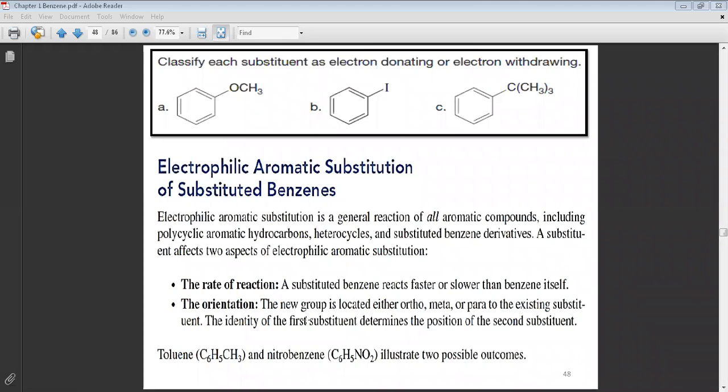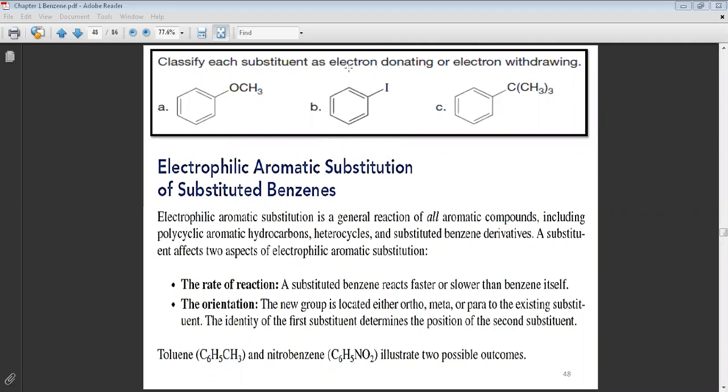I will explain what that means. The identity of the first substituent determines the position of the second substituent. For example, here iodo is the first substituent. If I make, for example, alkylation of this compound, the alkyl group, the new group, will go to the ortho, meta, or para position.